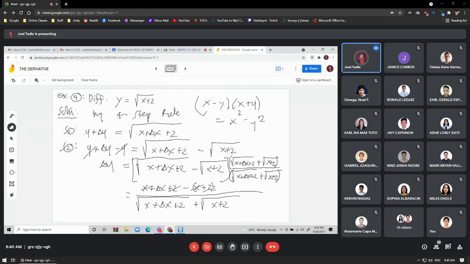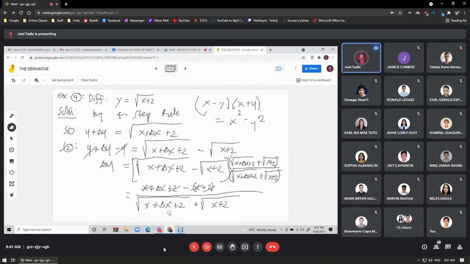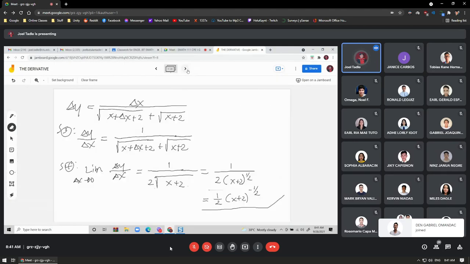When we multiply radicals, guys, once multiplied, the radical symbol cancels out, no? Then, over square root of x plus delta x plus 2 plus square root of x plus 2. Then, there is a next page.